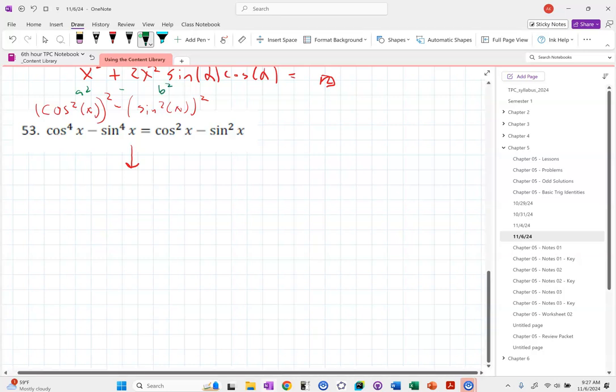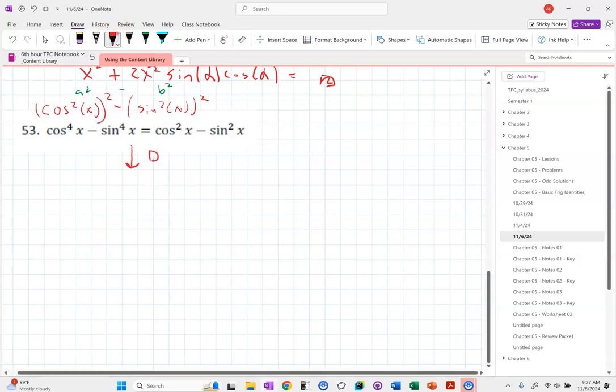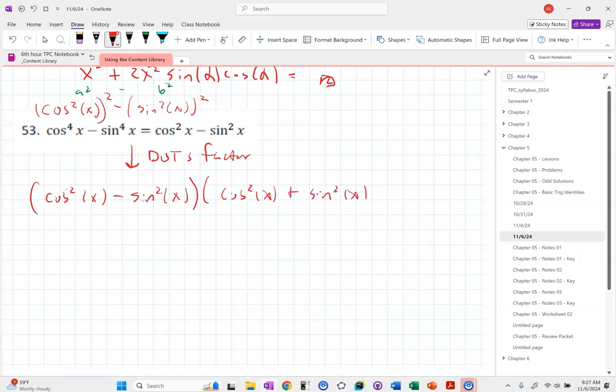Ava, do you see that? So I'm going to use that difference of two squares factoring pattern. So it's going to give me (cos squared x minus sin squared x) times (cos squared x plus sin squared x).